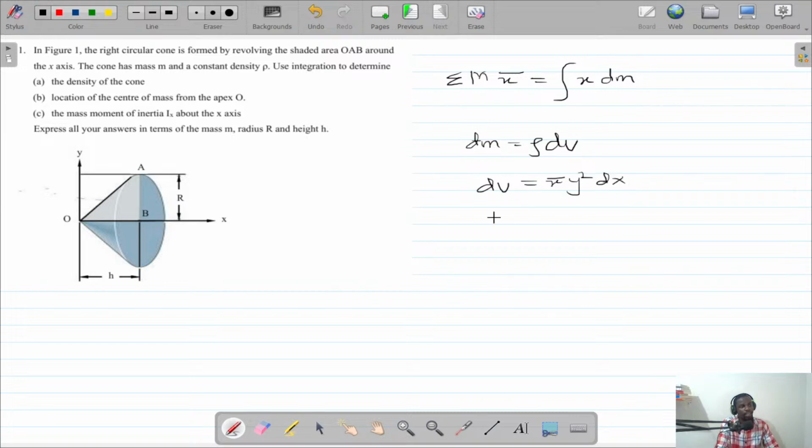And then we also said y is equal to rx on h. Sorry, rx on h.